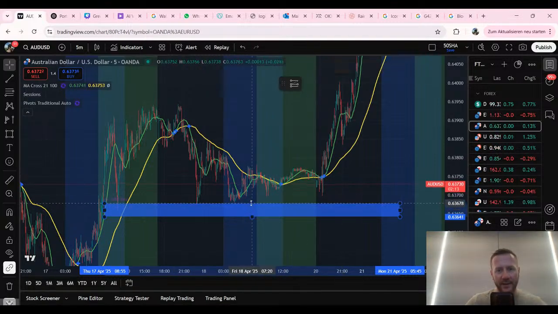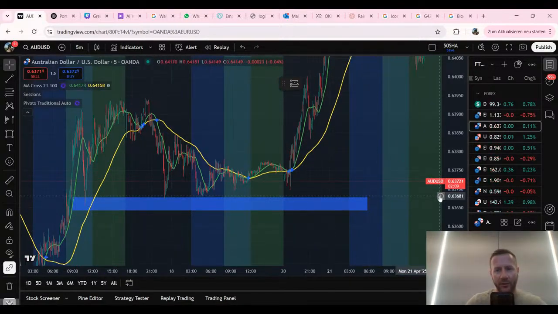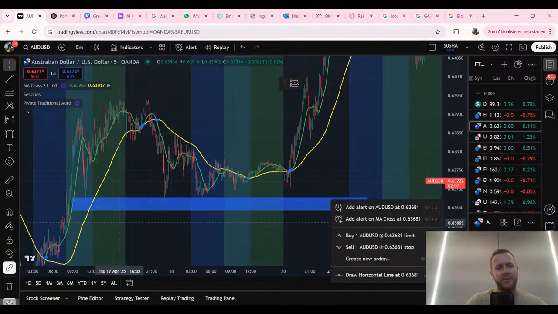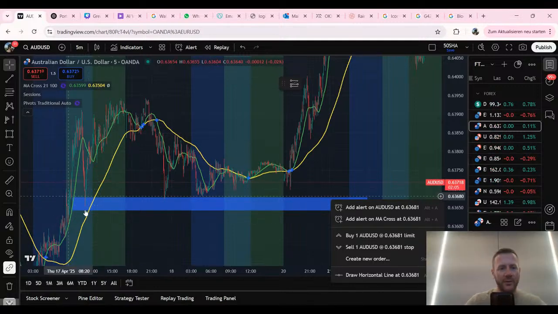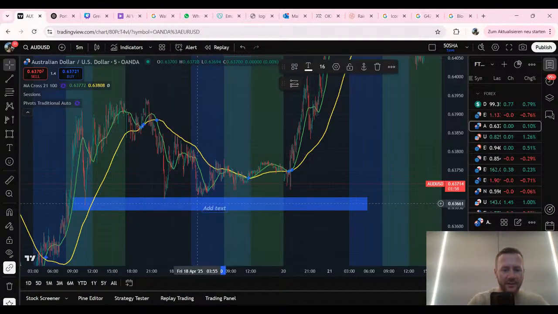You can already make an alert here, because you know there are multiple lows here, New York, London, and after the New York session, multiple lows, right? And you see, this is a very nice intraday trading style or tactic where I can easily make money, as this level acted as support multiple times.